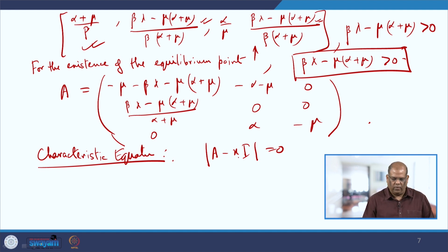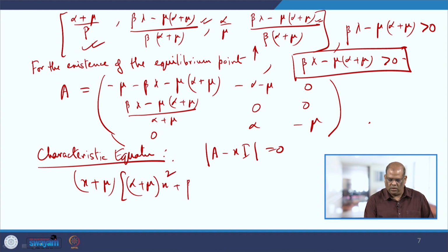So, the equation will be of the form x plus mu, times alpha plus mu times x square plus beta lambda into x plus alpha plus mu times beta lambda minus mu times alpha plus mu, equal to 0.